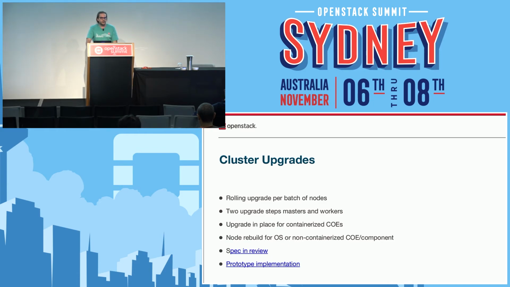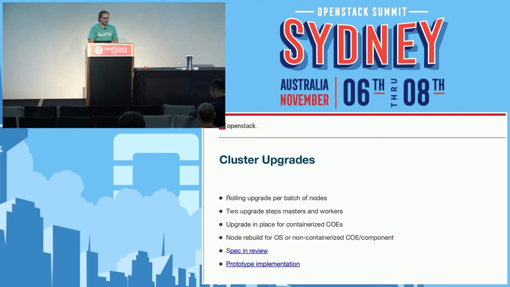For changes that can happen in place, we will try to do it in place to be faster. For example, if you want to upgrade Docker or Kubernetes, which runs in containers, it will happen in place. It will delete the old containers, deploy the new ones. But if you want to install a new operating system, a new kernel, or if your COE is embedded in the node, it will just rebuild the machines.